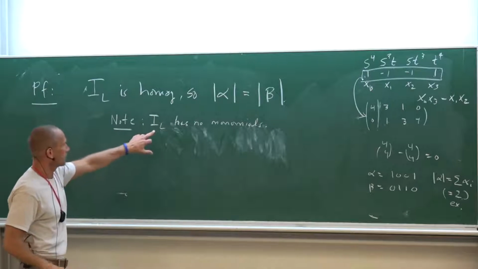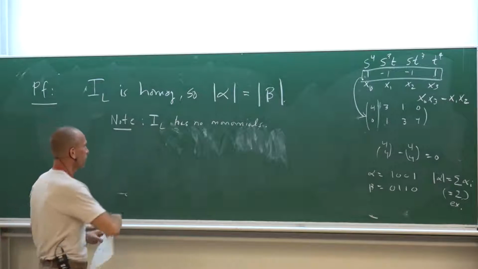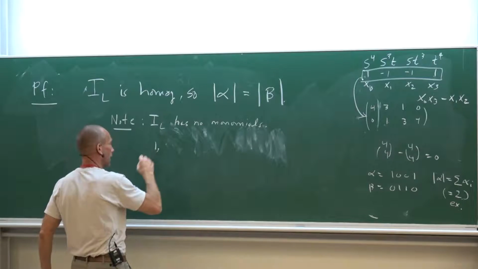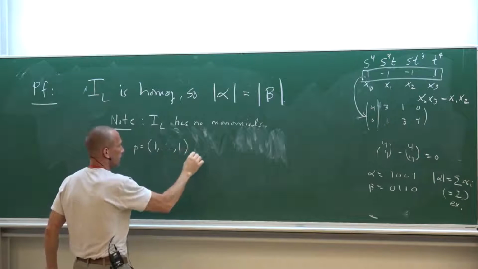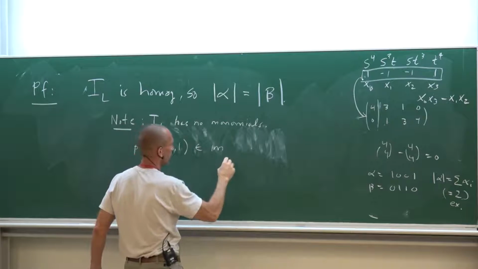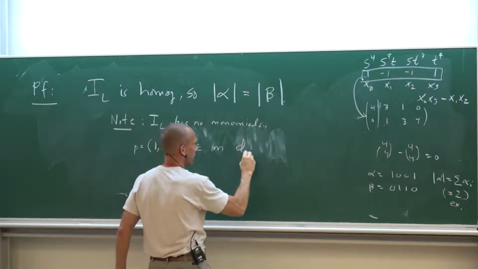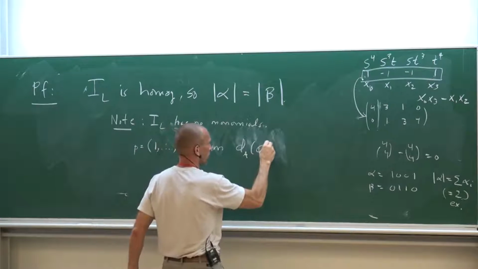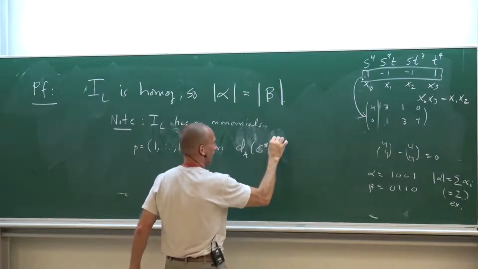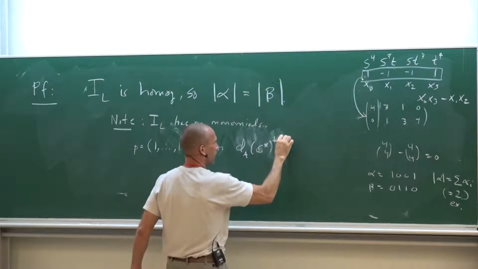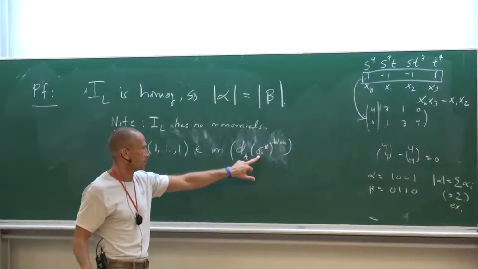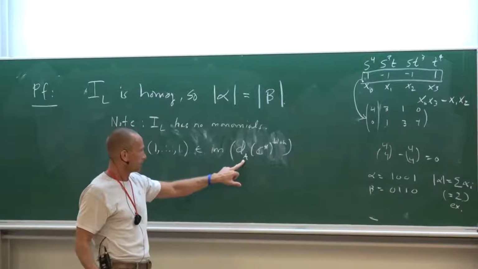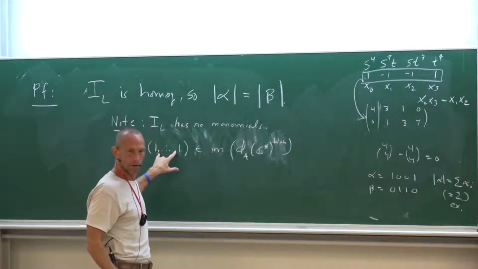Why? We know that the point P of all ones is in the image of phi sub A of C star to the whatever. You guys are all with me, right? If I take the vector of all ones and look at phi sub A, I get this vector.